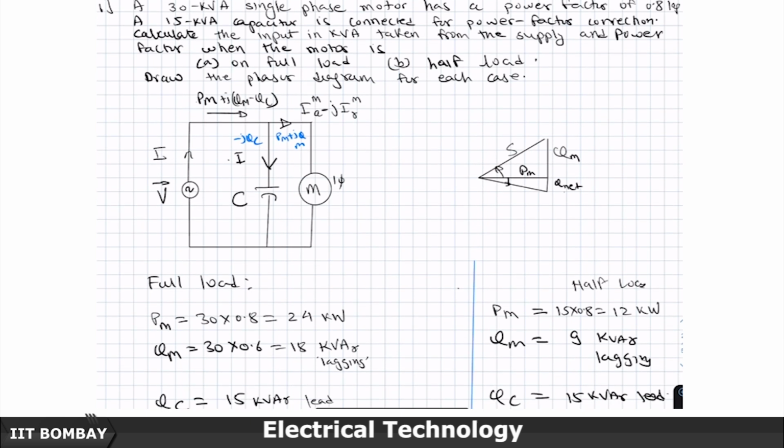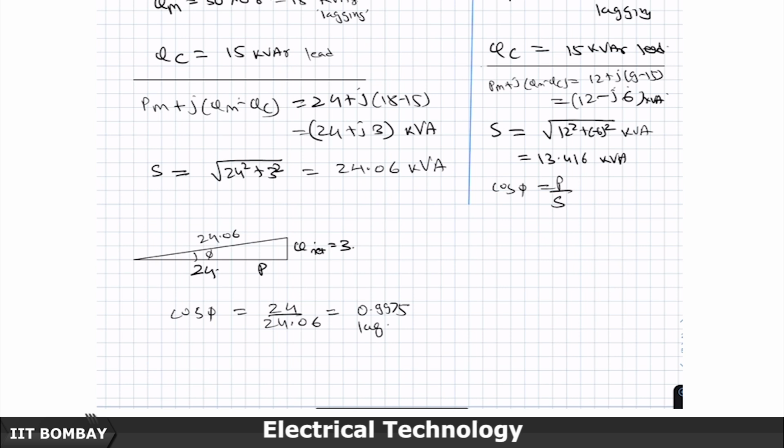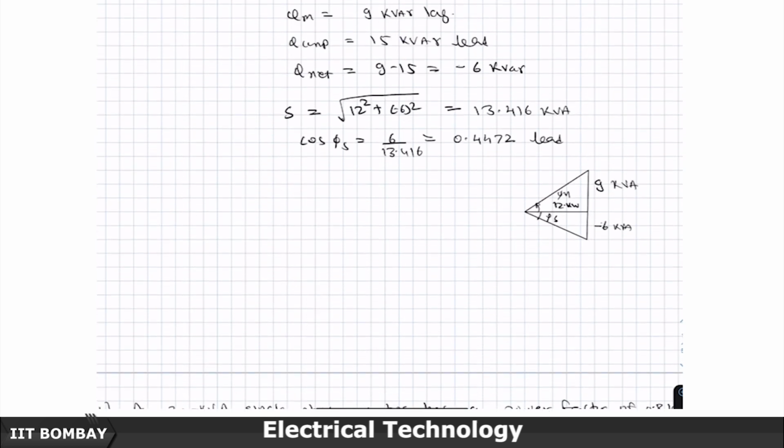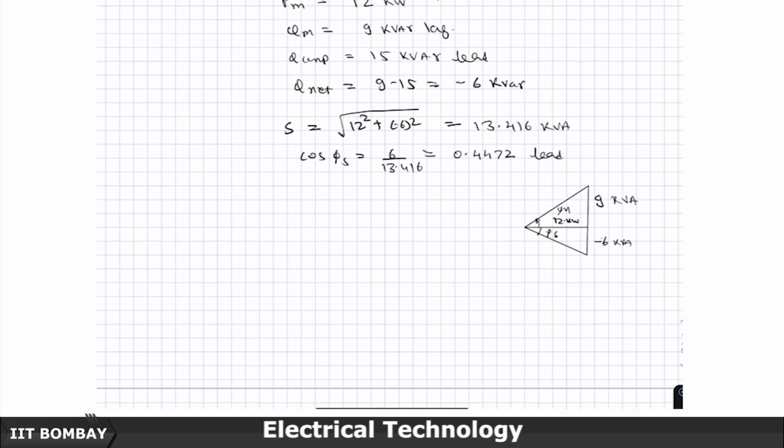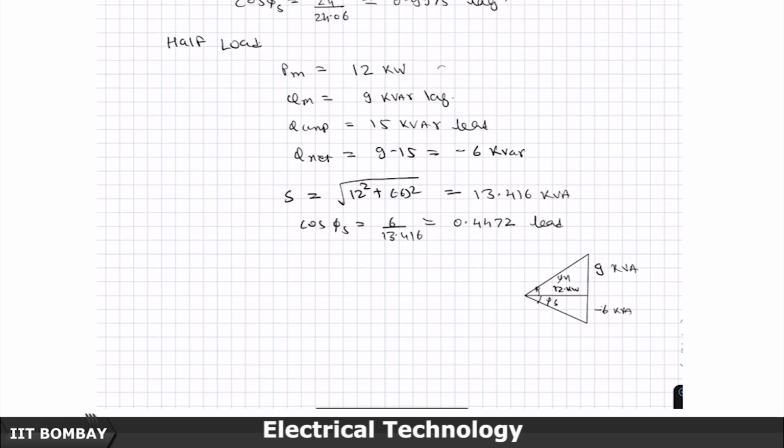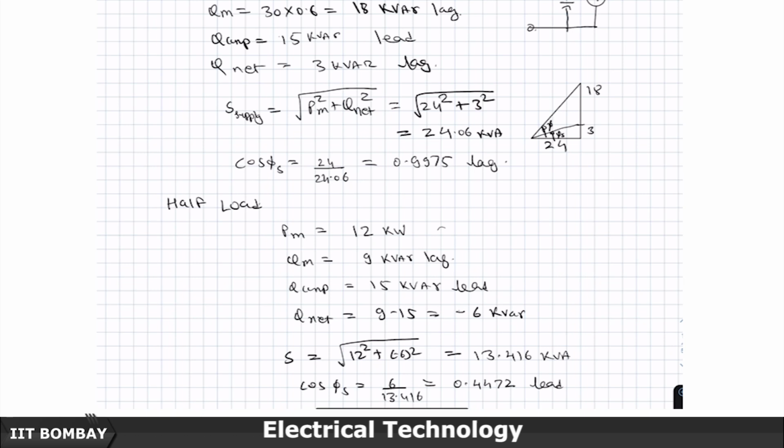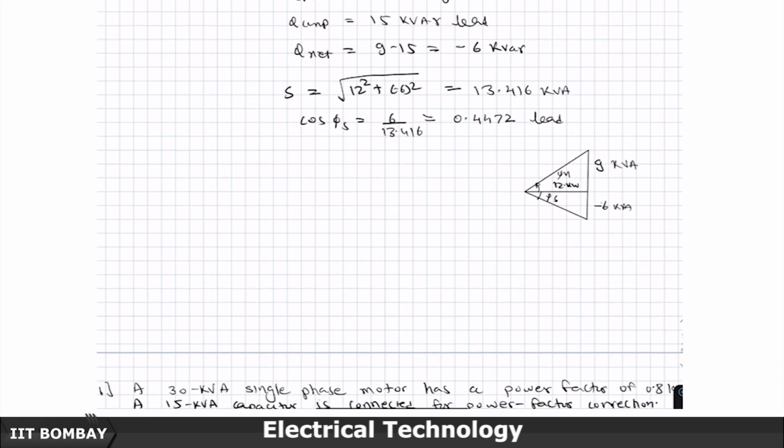In any case, this is the S net, and the new power factor is going to be P motor, the base, divided by the hypotenuse, which is the S net, which is going to be equal to 12 by 13.416. I am sorry, it looks like I have not calculated it here. This is an incorrect value. This should be 12.